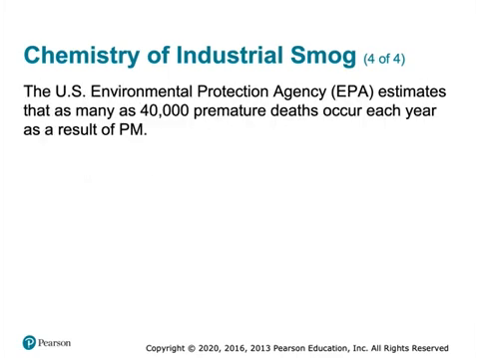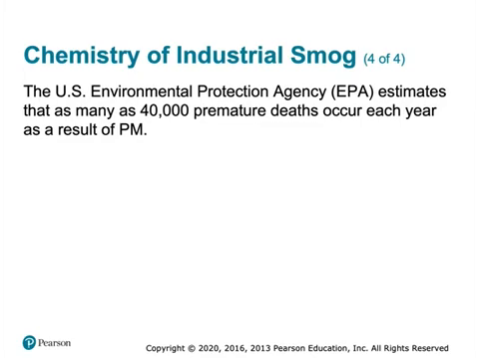And the EPA, Environmental Protection Agency, estimates that 40-some thousand people die because of particulate matter. And it's a range, though. Really small particulate matter can be absorbed in the bloodstream. Really large particulate matter doesn't make it to our lungs, but a medium size can get into our lungs, and that can cause issues with your lungs.